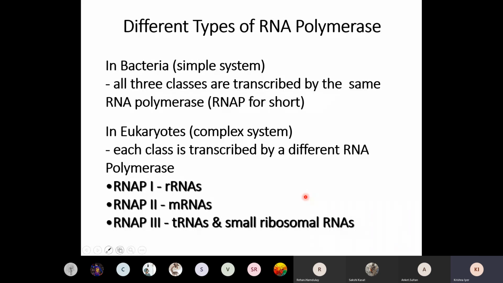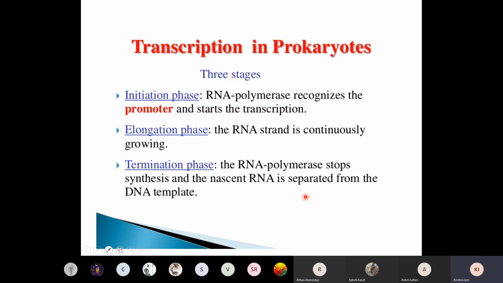Okay. Now, the process of transcription itself, now that we have seen what is RNA, what is DNA, what are the different types of RNAs, what are some of the properties of RNA polymerase, the actual transcription process, and we start looking at it in prokaryotes, has 3 stages. Okay, and these 3 stages are also present in eukaryotes.